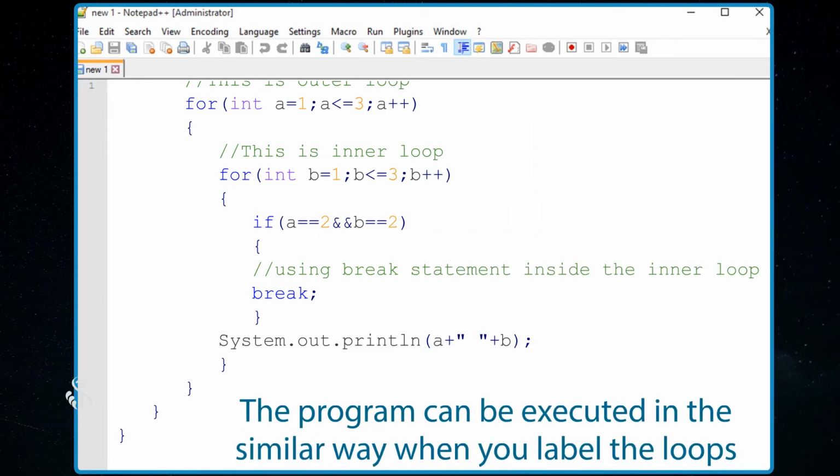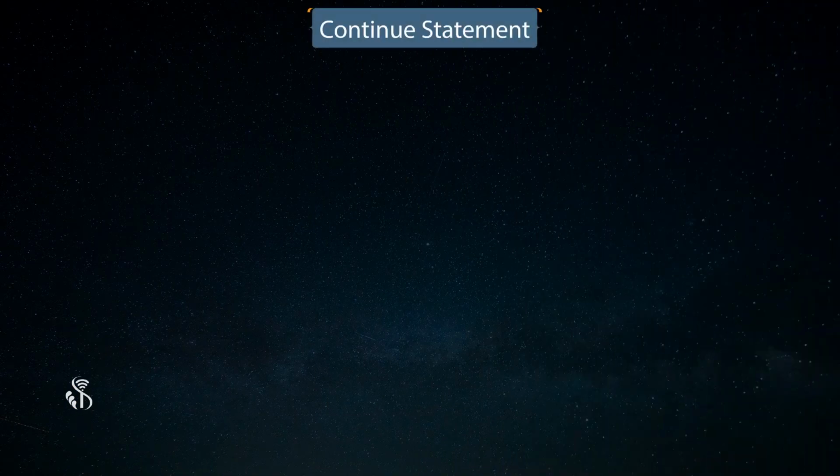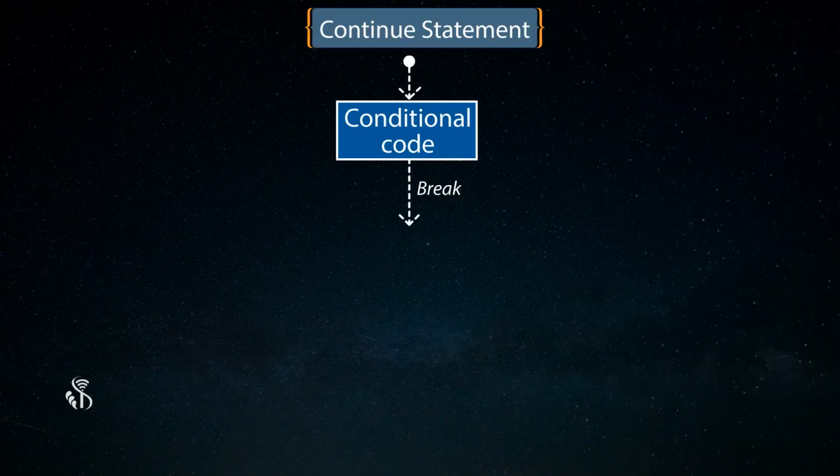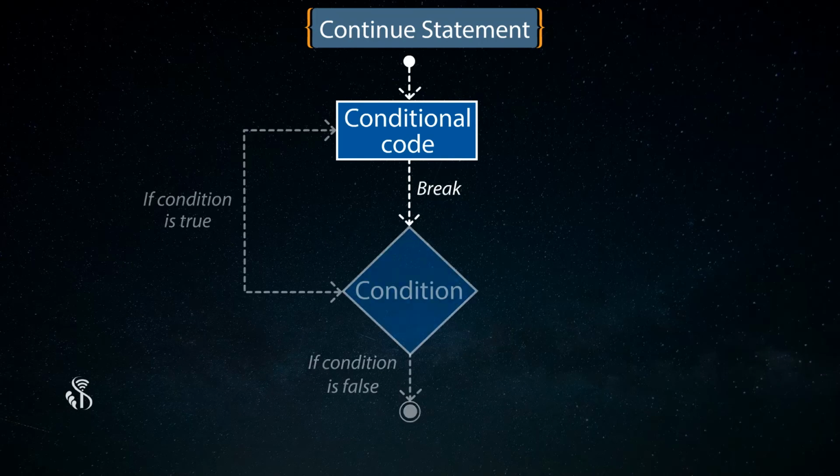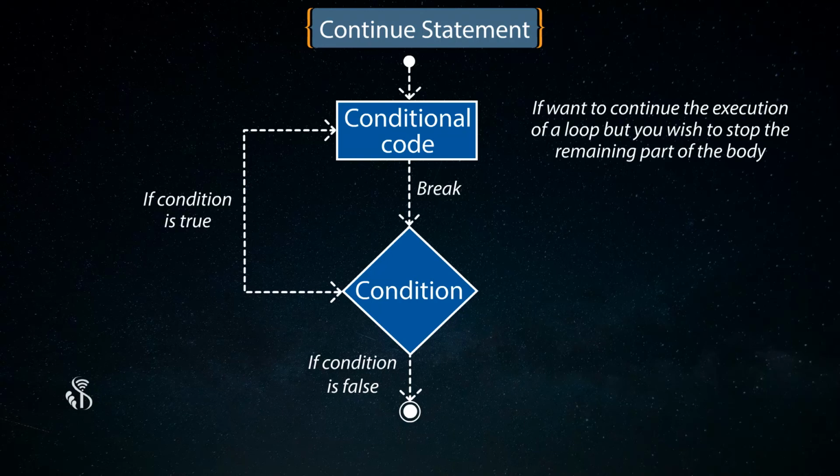The program can be executed in a similar way when you label the loops. Continue: if you want to break one iteration in one of the loops when you encounter a specific condition and continue with another iteration in the same loop. Sometimes it is required that we force an early iteration of a loop. It means you want to continue the execution of a loop, but you wish to stop the remaining part of the body.